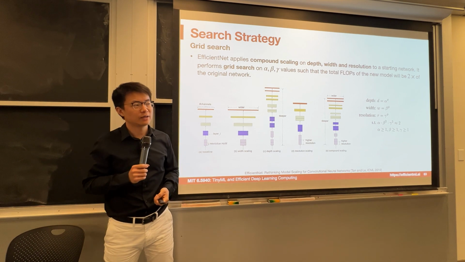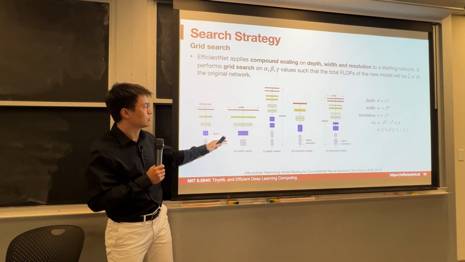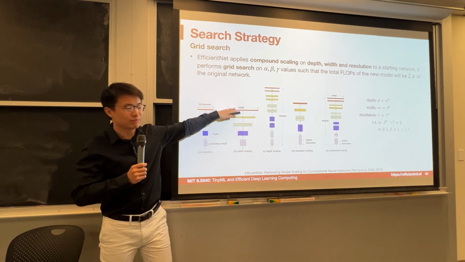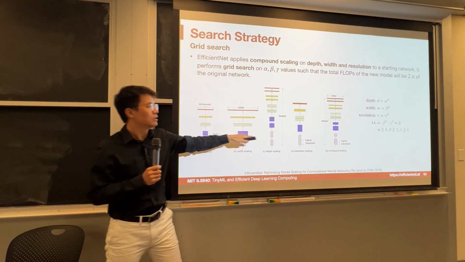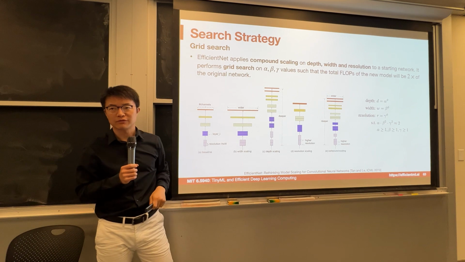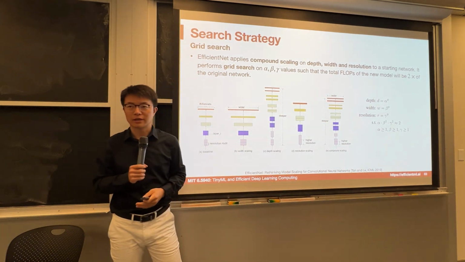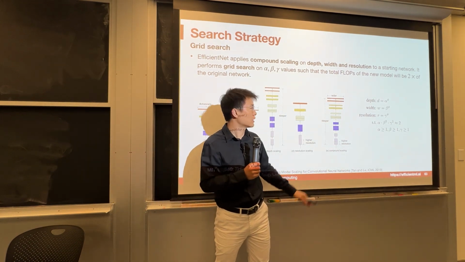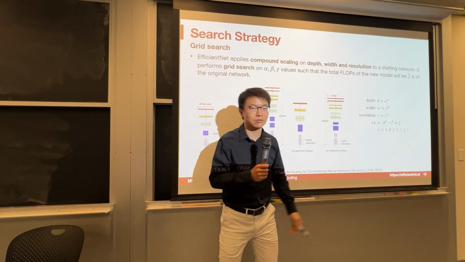Since there is a pretty big design space, I can either make the model wider but with the same depth, or I can make it deeper compared with the original model, with the same number of channels, or I can scale the resolution and make the input resolution larger, or I can combine them all: make it a little bit wider, a little bit deeper, and a little bit higher resolution.